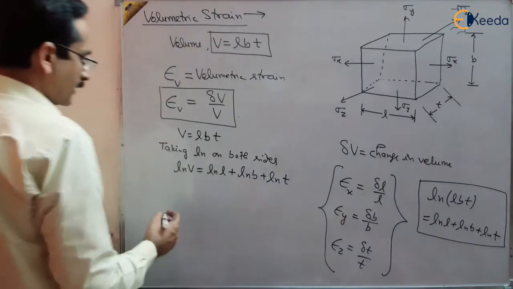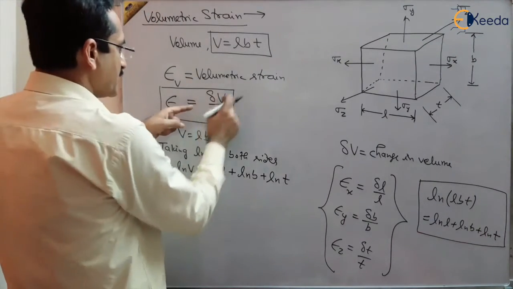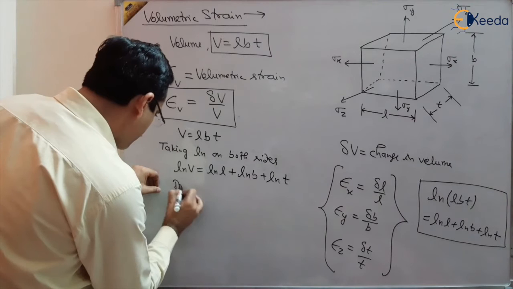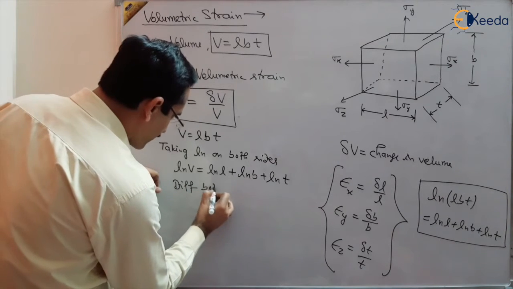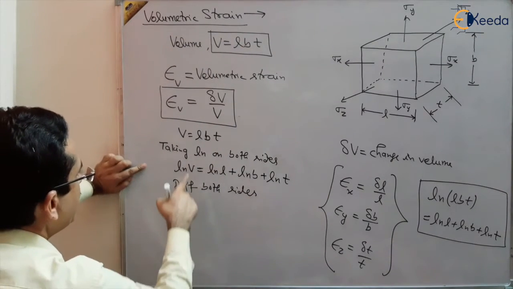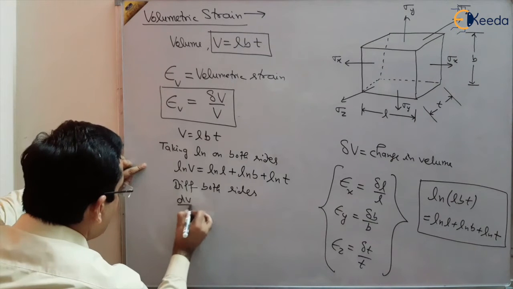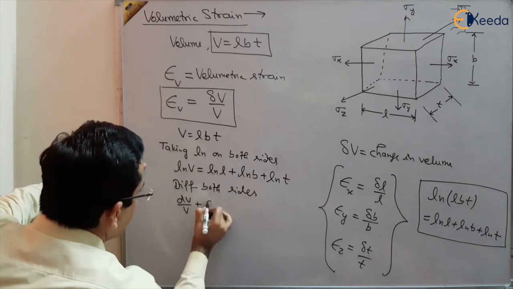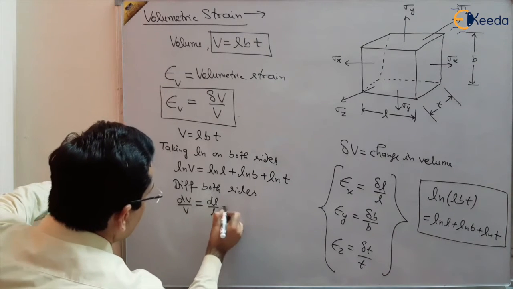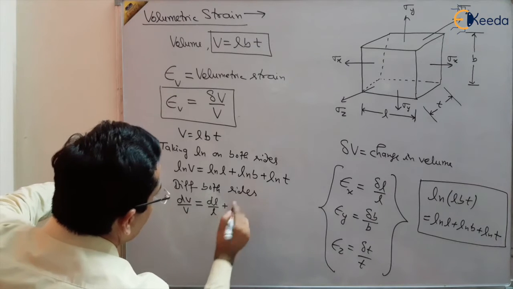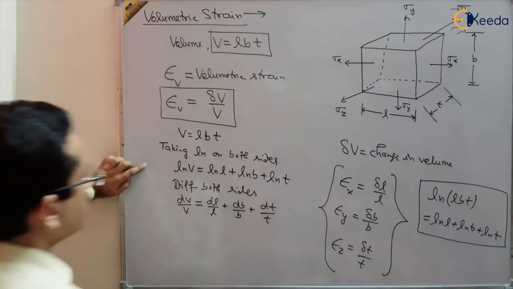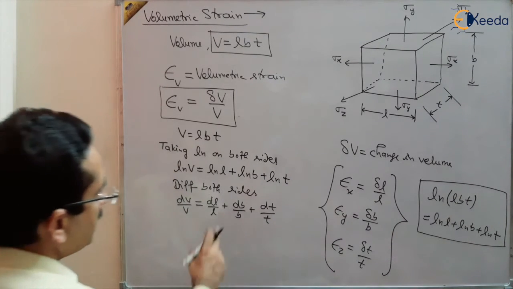Now if we differentiate both sides, because we want differentiation, we can write 1 by V into dV, so this is dV by V, equal to dL upon L plus dB upon B plus dT upon T. And what is this dL upon L?